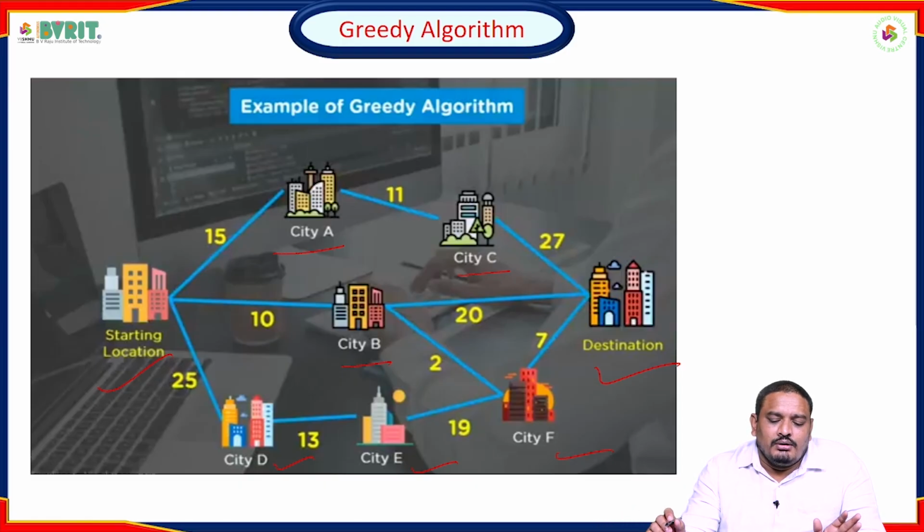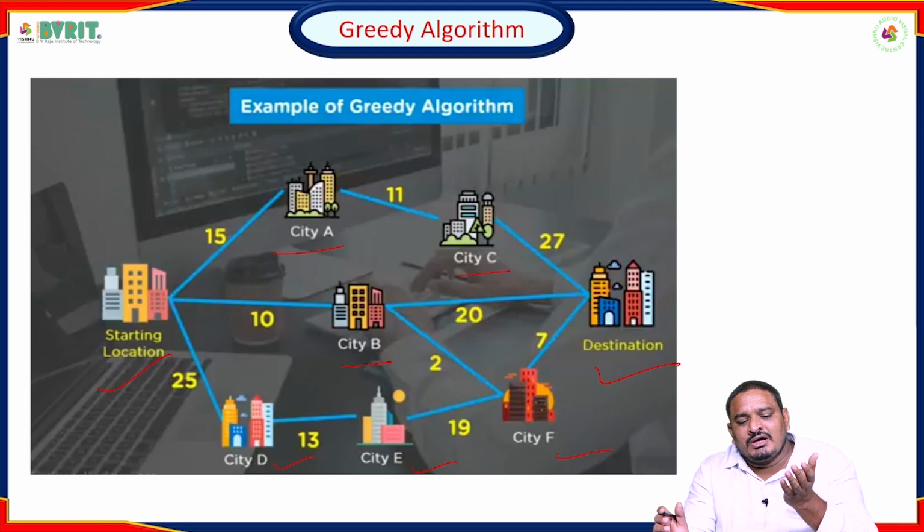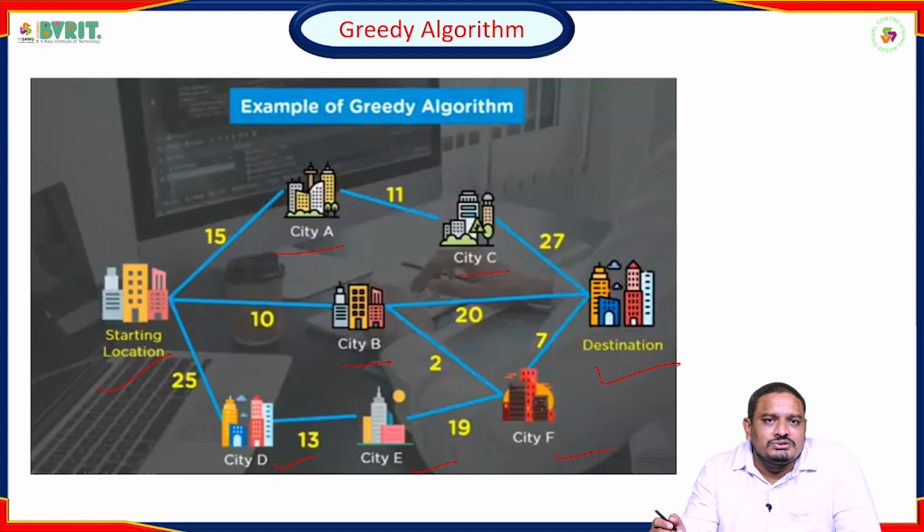The route with the least distance from source to destination is the optimal solution.